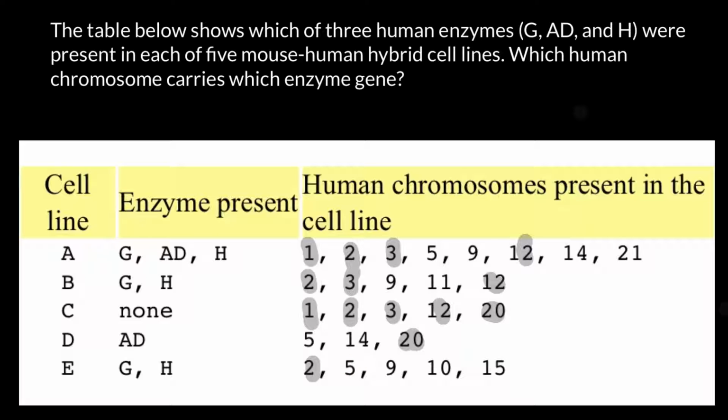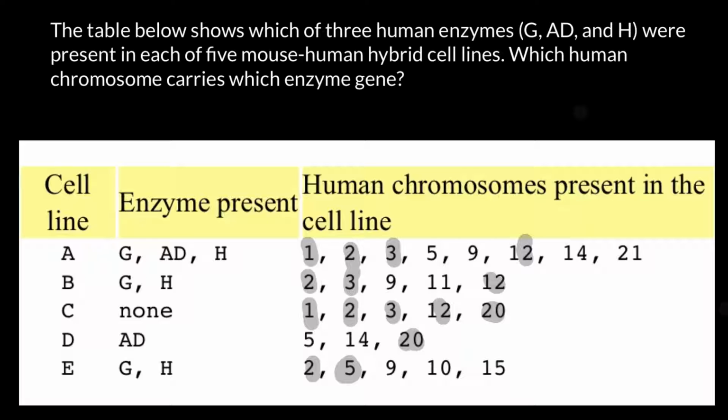So that means that this enzyme is not on chromosome number 5, because otherwise, if any of these enzymes were on chromosome number 5, and it were missing, we also would miss those enzymes. So we can exclude chromosome number 5.